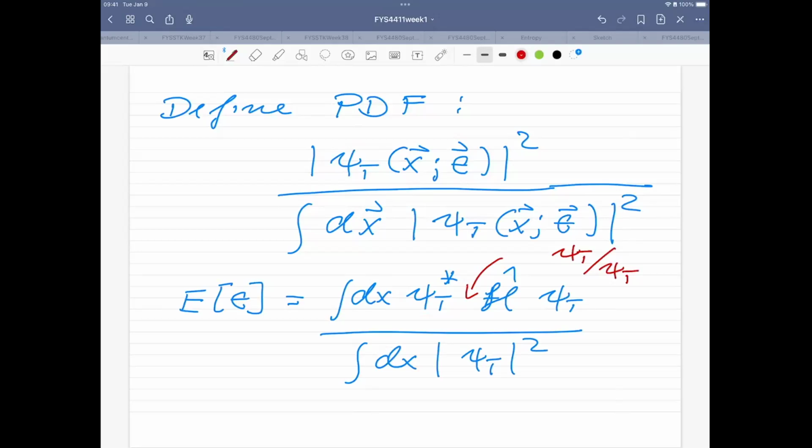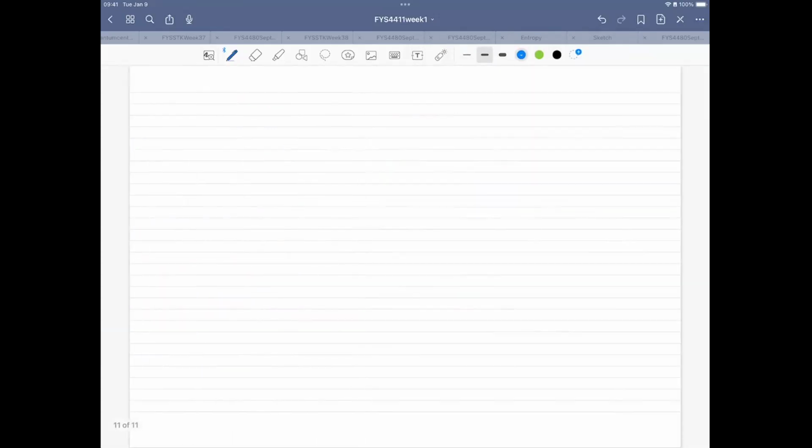So what I need to define next is a new quantity, which I'm going to call the local energy. And you can actually prove that even if the wave function goes to zero, this quantity is non-zero, or it doesn't diverge, because you're multiplying with the probability there. So I'm going to define something which I will call the local energy, which is a function of x and the variational parameters.